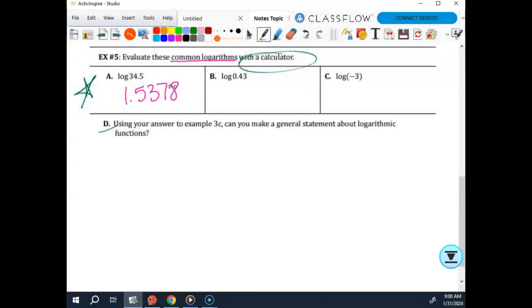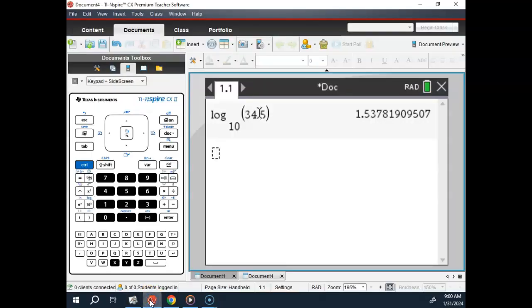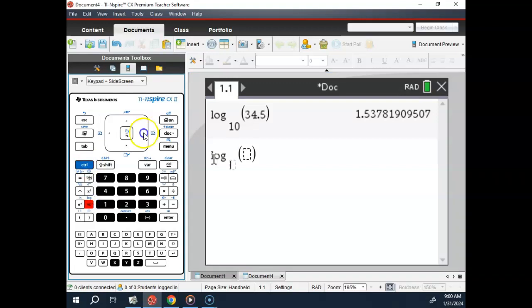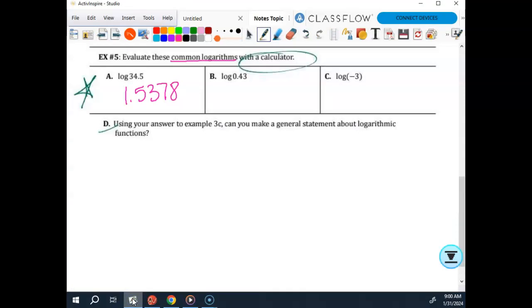Another thing about this, since this button usually does just give you log base 10, if I don't fill in the base of the log and we do the next one, which is 0.43, it fills it in for me and makes it 10. So if you know it's 10, you can leave it blank and it'll take care of it and make it 10 for you. So your log base 10 of 0.43 is negative 0.3665. Okay, easy enough?